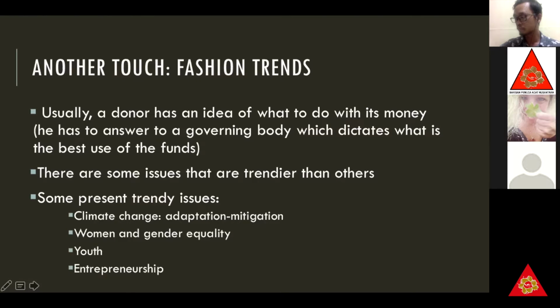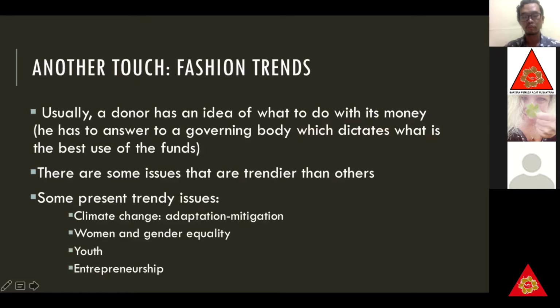For example, a classic one is you restore forests, you make plantations of forests, or you help old forests to regrow. So these are the key words: climate change, adaptation, mitigation.